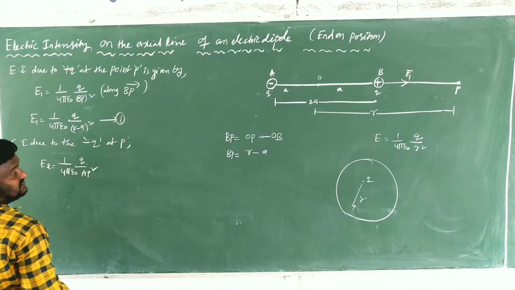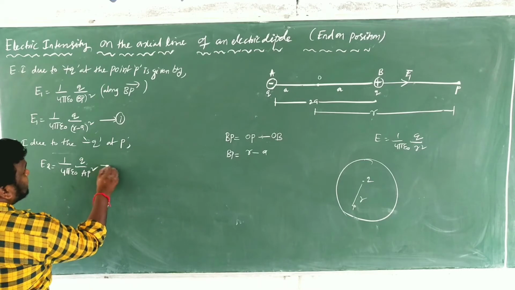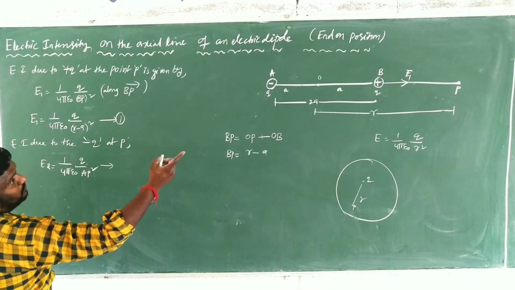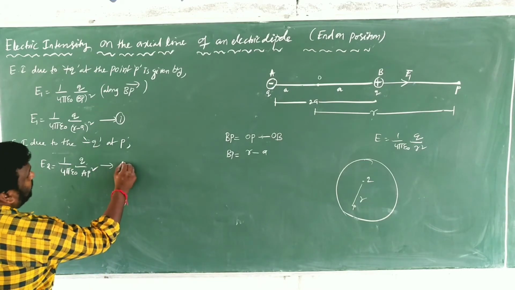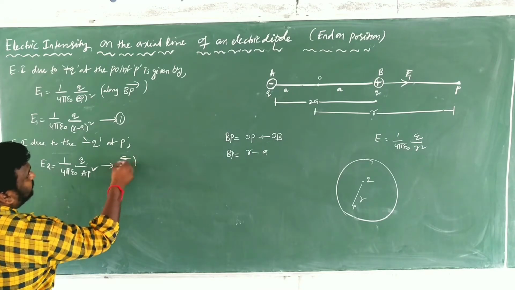What is that? AP square. And now it is in the direction of PB.